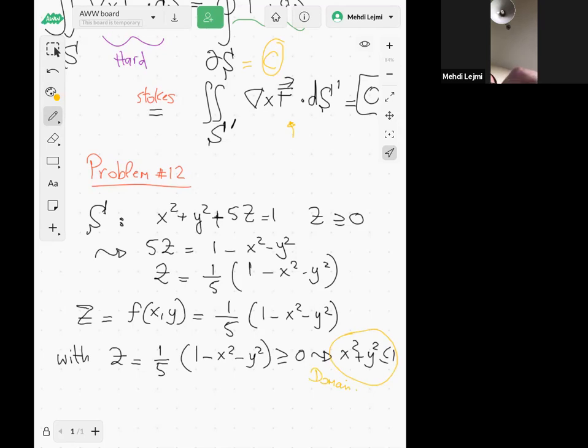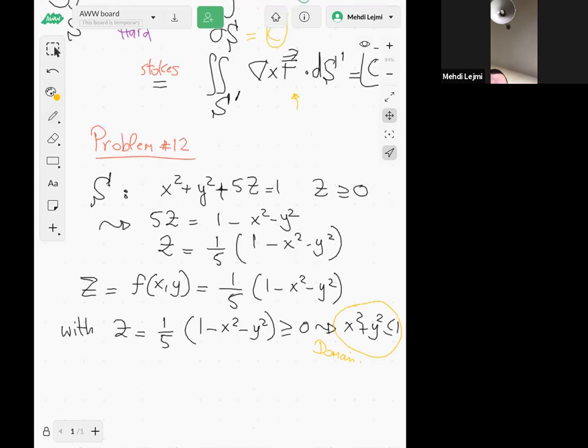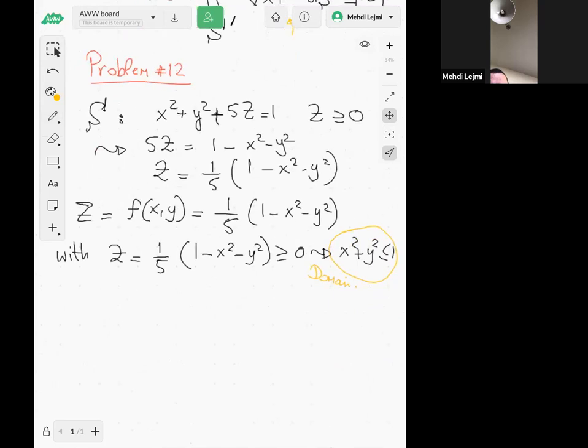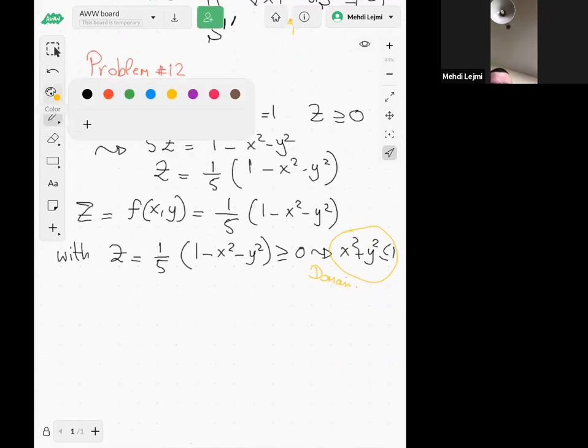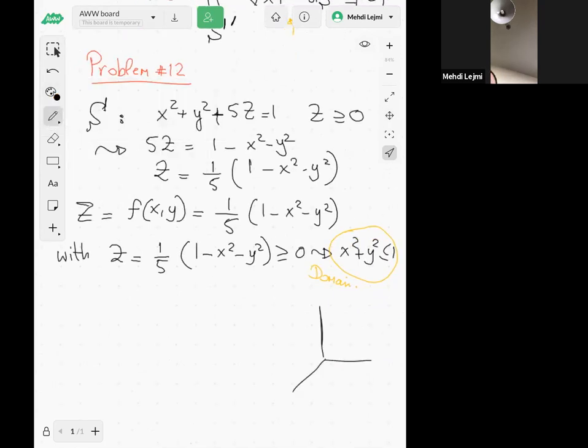If you want to graph this surface S, it is just a paraboloid which opens down, because you see here it's minus x squared minus y squared, so you're subtracting positive numbers.